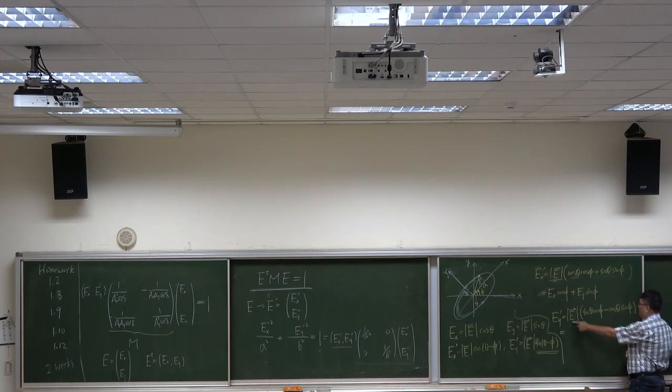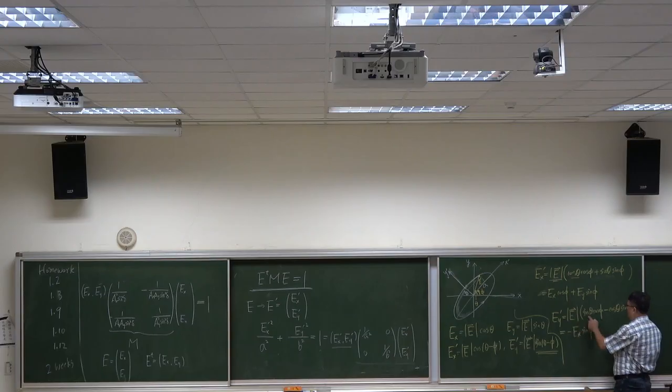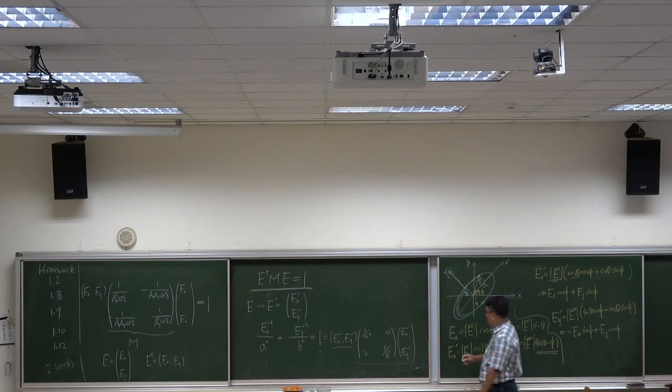This term, E cosine theta, is Ex, so we have minus Ex sine phi plus Ey cosine phi.